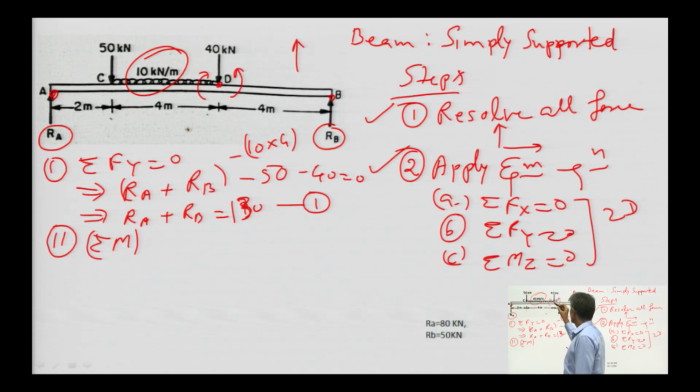So, algebraic sum of the moment at this point for left, for right, you will add these two, then it will be 0. Any point you can also apply the bending moment at point C, but for simplicity it is advisable to choose either left or right corner. So, sigma M about A is equal to 0.